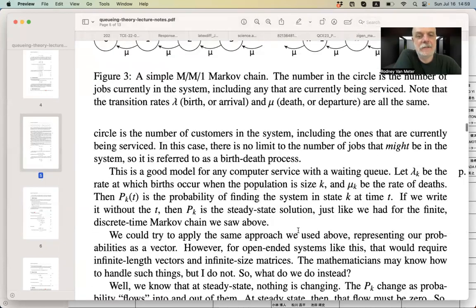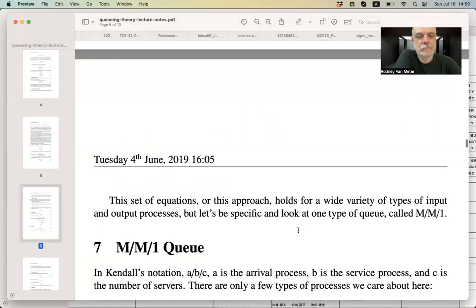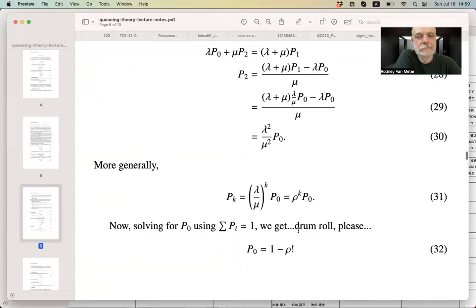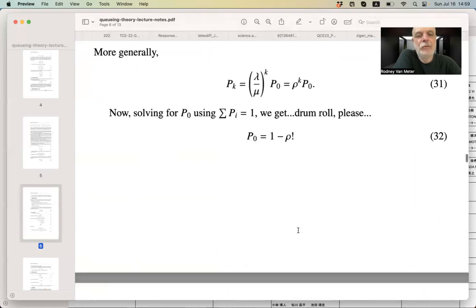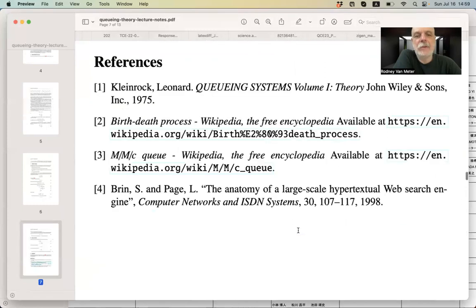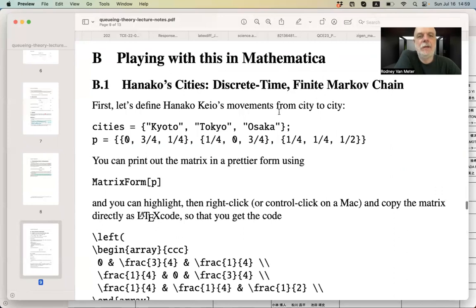Let's see. Anything else I've missed here? It's actually useful to go and calculate all of these things. And in fact, if you want to calculate them, use a language known as Mathematica.